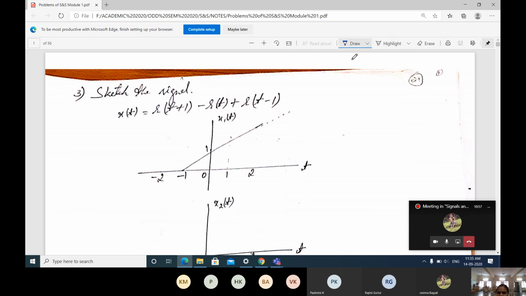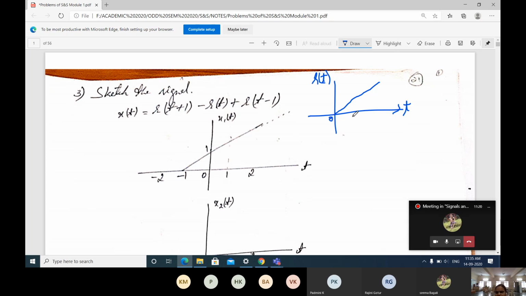Our r of t varies from 0 to infinity in an increasing manner, right? This is our ramp signal, this is our t, and this is our r of t function. This is our standard one, don't forget.